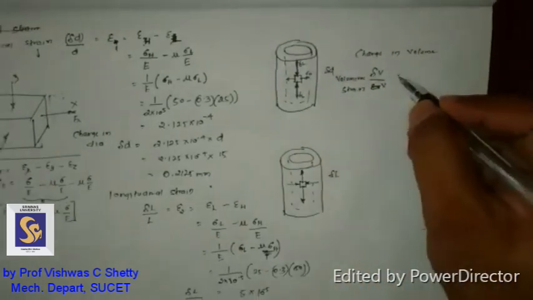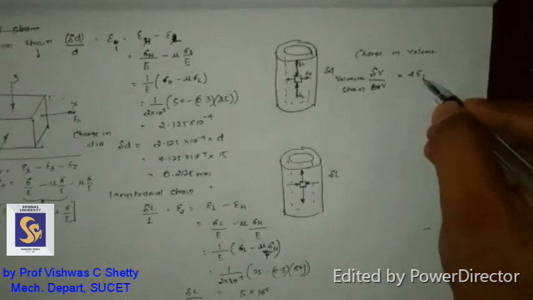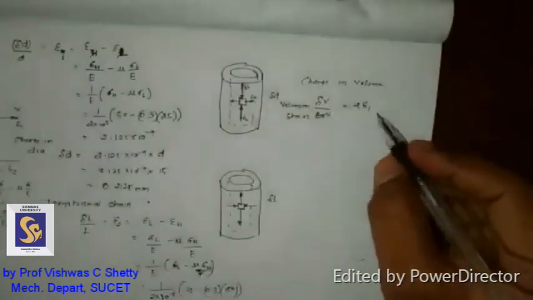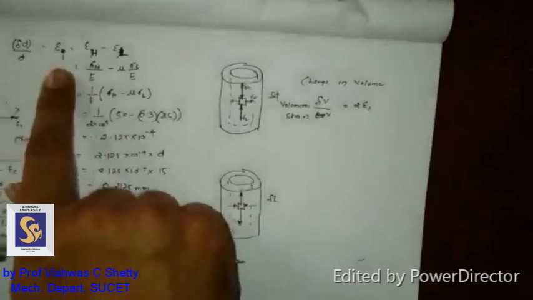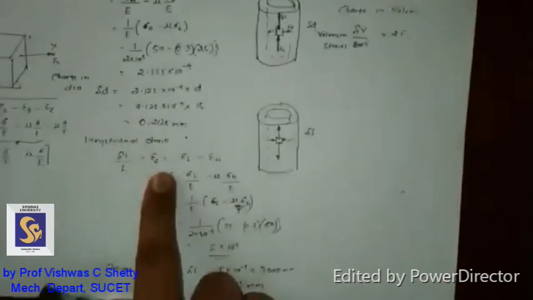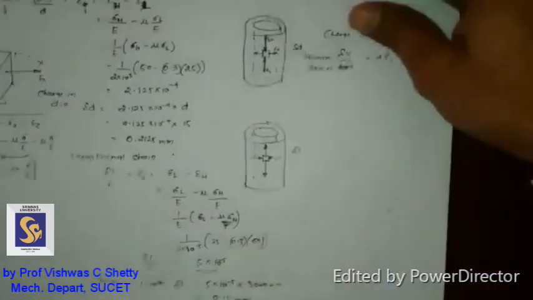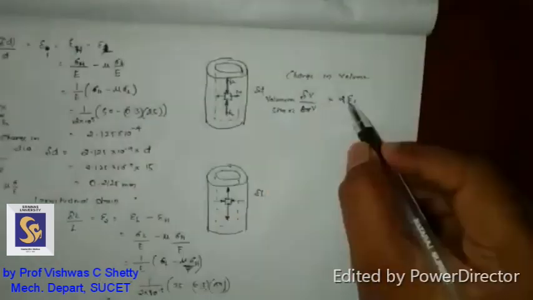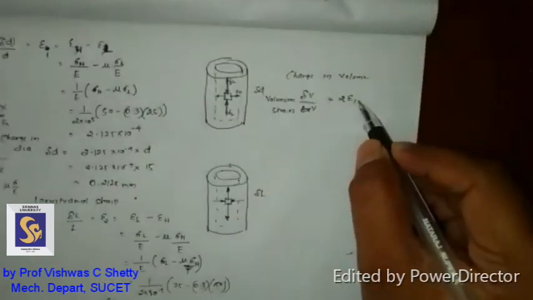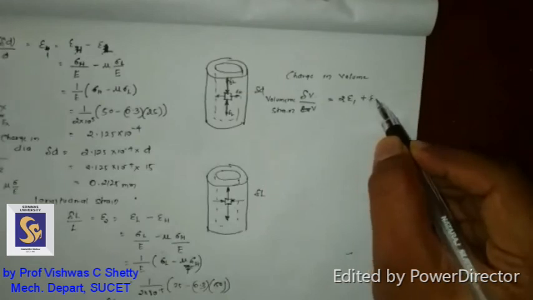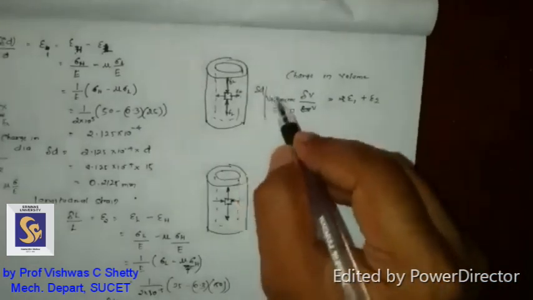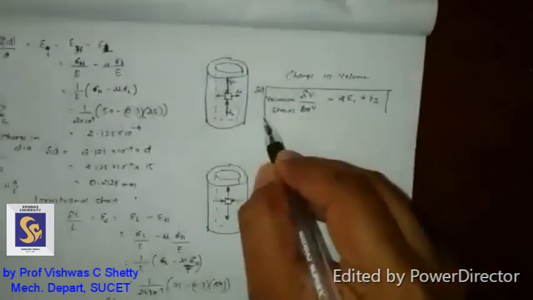So that is given by, write down this formula, 2 into epsilon 1. We have calculated epsilon 1 here, epsilon 2 here. So volumetric strain is given by 2 into epsilon 1 plus epsilon 2. Note down this formula, it was not discussed before.